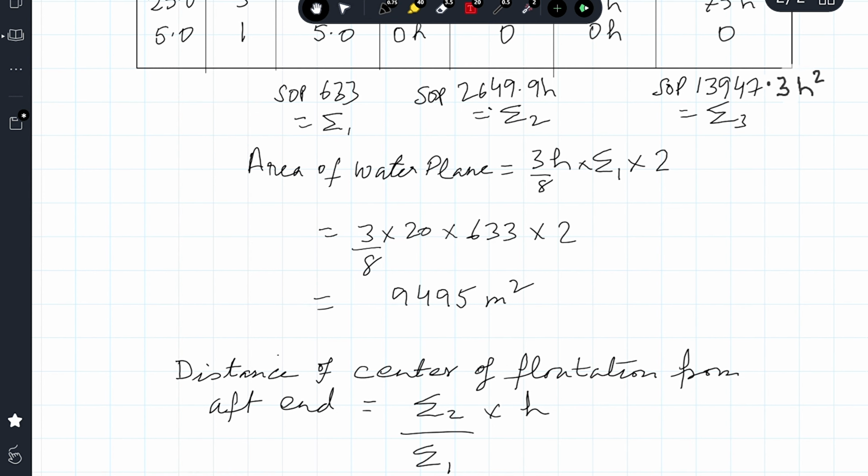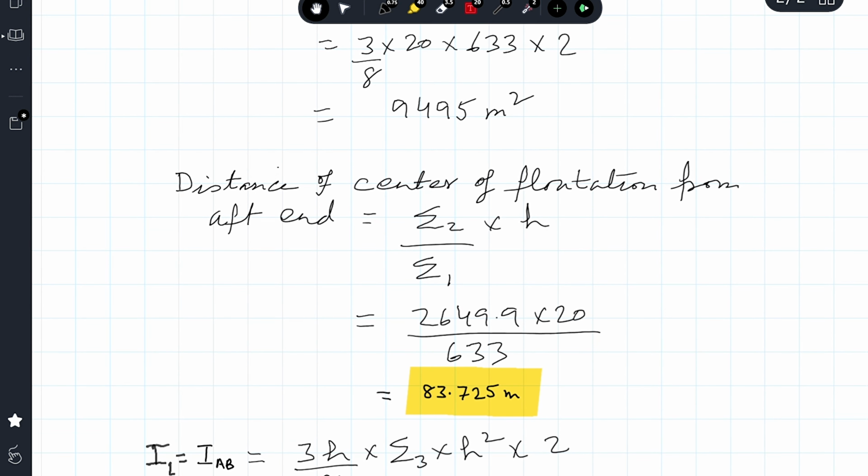What will be the distance of center of rotation from aft end? Because my levers are from aft end, so my center of rotation also will be from aft end. That is first moment of area function divided by the area function into h. Okay, summation 2 divided by summation 1 into h.